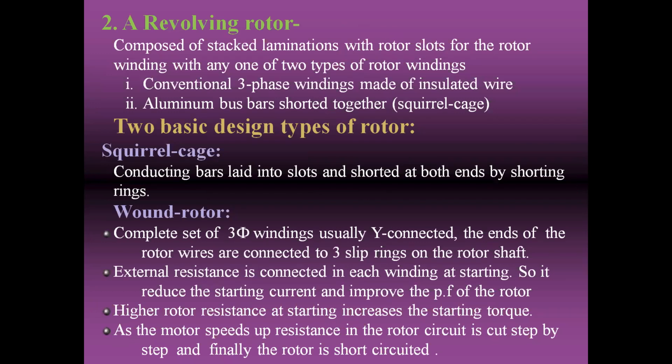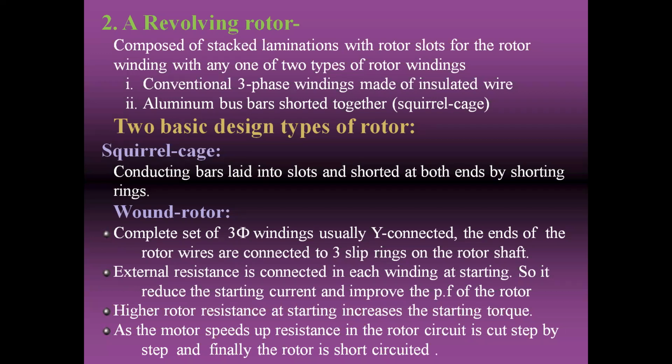First is the squirrel cage rotor. In squirrel cage, we lay copper bars or aluminum conductor bars in the slots on the outer periphery. The rotor has slots on the outer periphery, the stator on the inner periphery. And the conductors are short circuited at both ends by shorting rings.